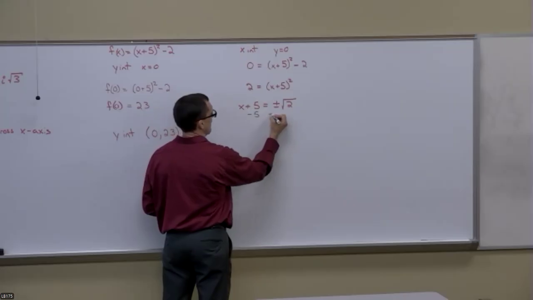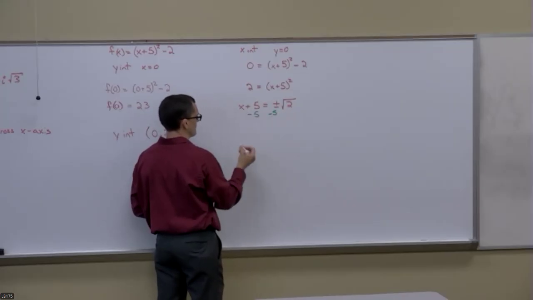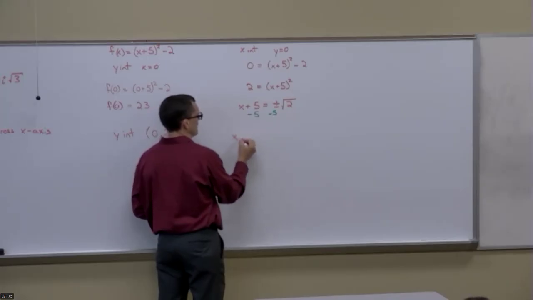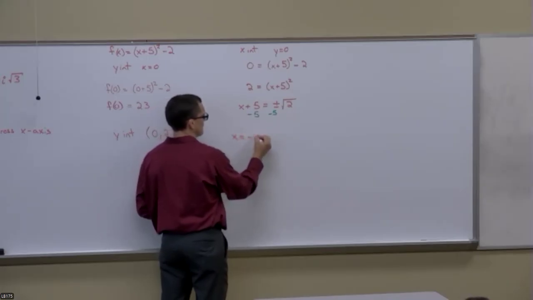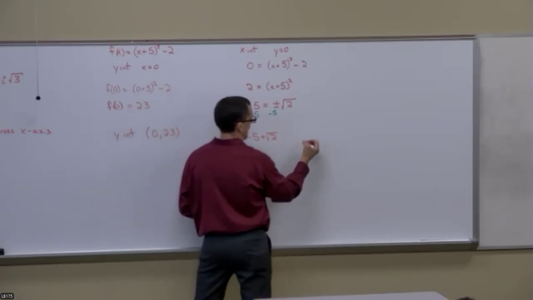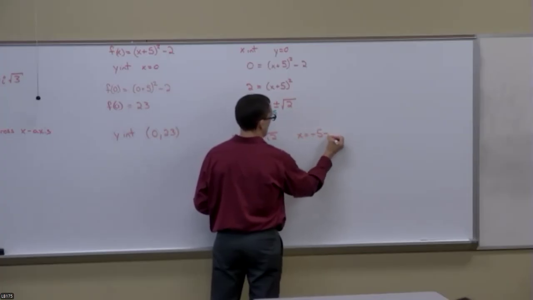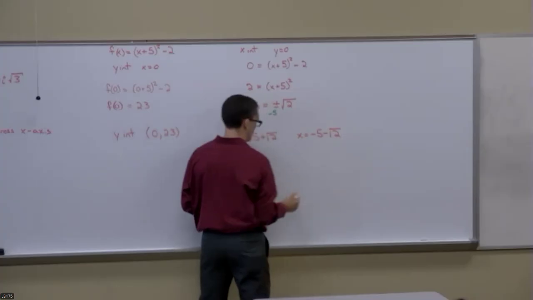So subtracting 5 from both sides is going to give me 2 answers. One, which is negative 5 plus the square root of 2, and the other, which is negative 5 minus the square root of 2.